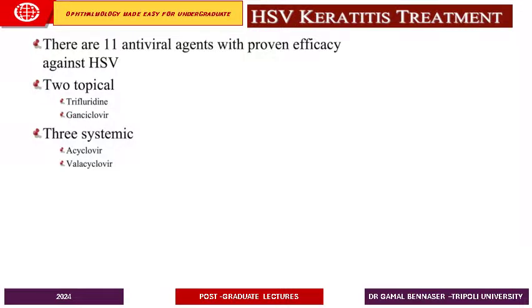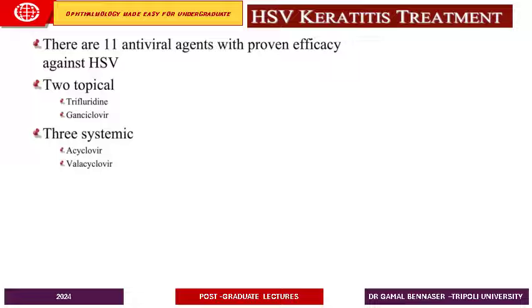Now it's time to speak about the different medications available for the management of herpes simplex keratitis. But before we dive deeply into the different studies and the different regimens used in the management of herpes simplex keratitis, and also the concurrent use of steroids, I would like to give a general overview of the management to be easily understood by doctors.